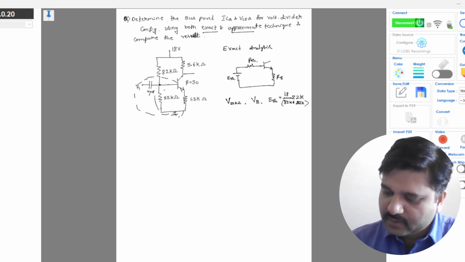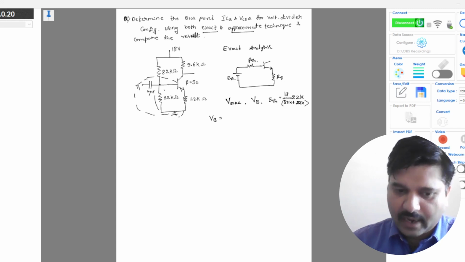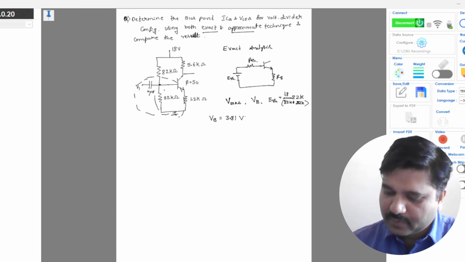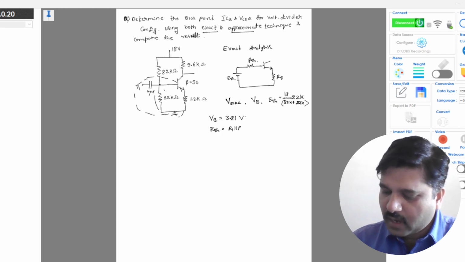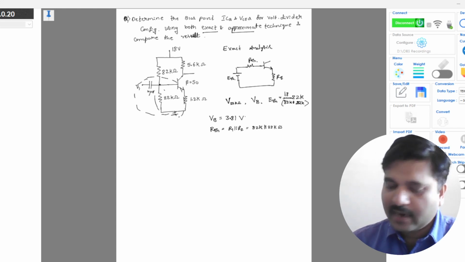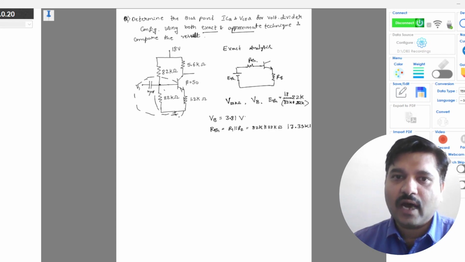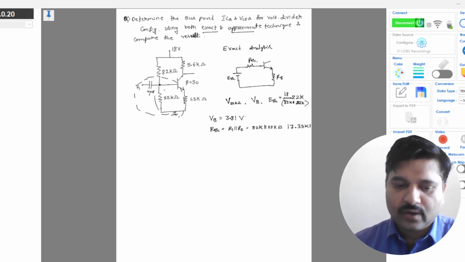By solving this we get ETH or VB as 3.81 volts, and RTH is R1 parallel with R2, that is 82k parallel with 22k. You will get RTH as 17.35 kilo ohm, right? So this is RTH and ETH or VB.